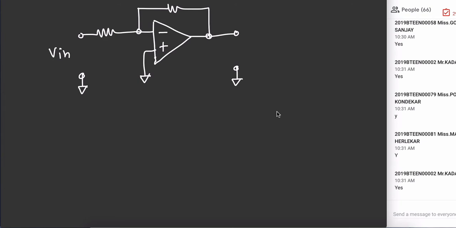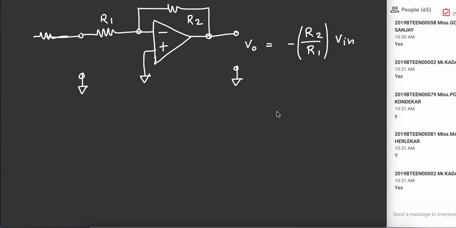Okay. Now let me name the resistors R2 and R1, and the equation of VO is minus R2 by R1 into V input. This is the equation, and V input may come from some sensor or some signal source.